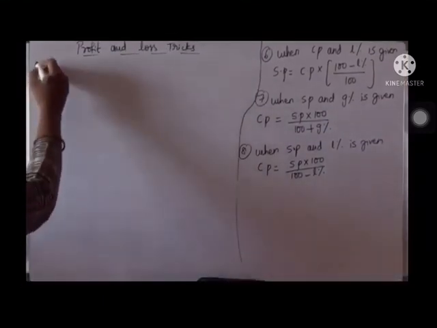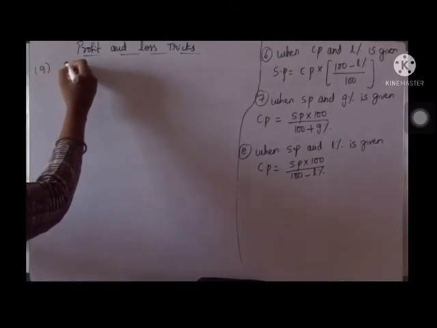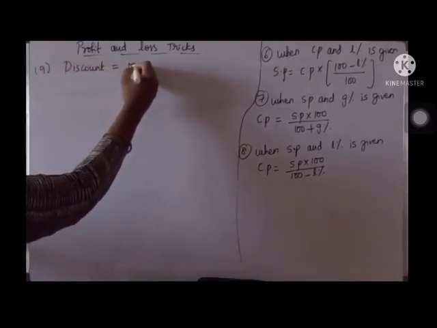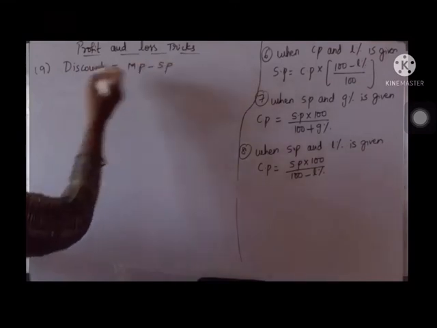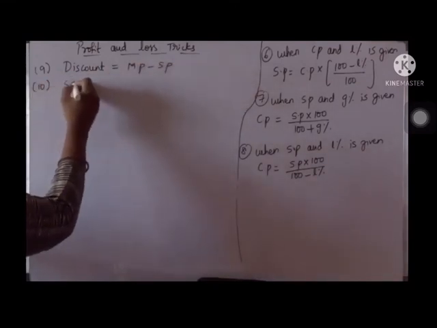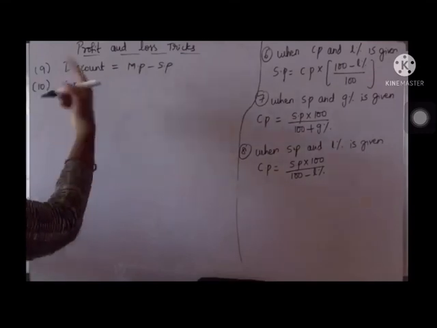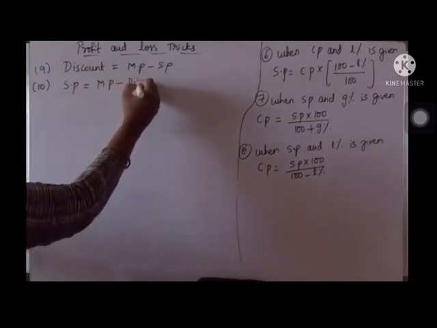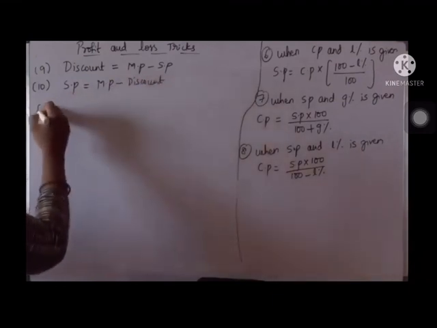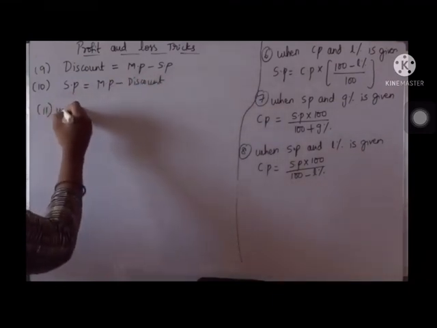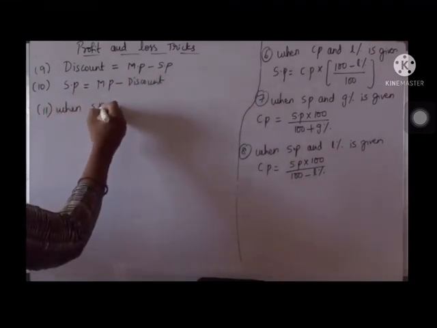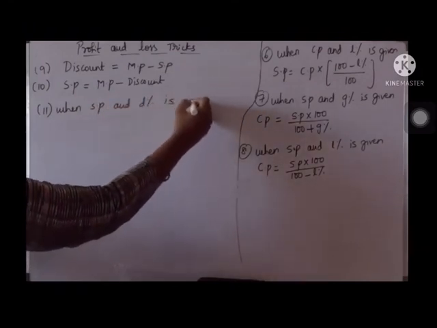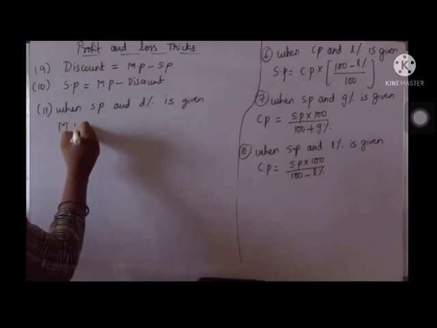And next one, like discount. How to calculate discount? Discount is nothing but market price minus selling price. And what is the selling price when market price and discount are given? Market price minus discount. And next formula, when SP and discount percentage are given, how to find market price?